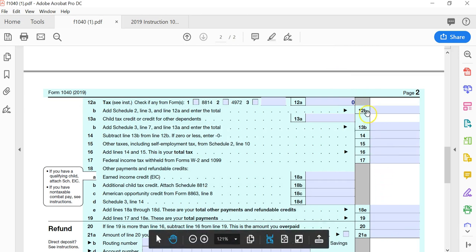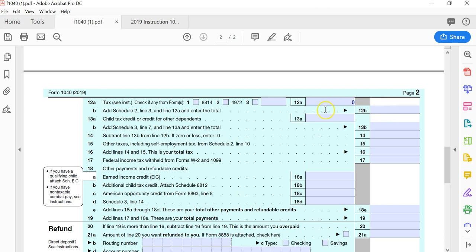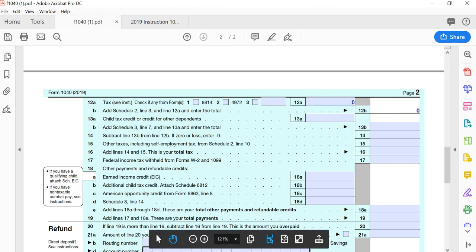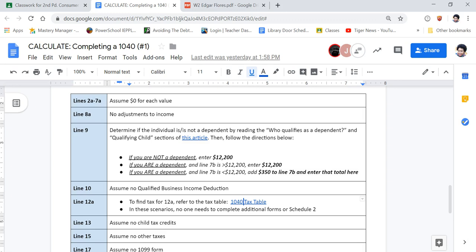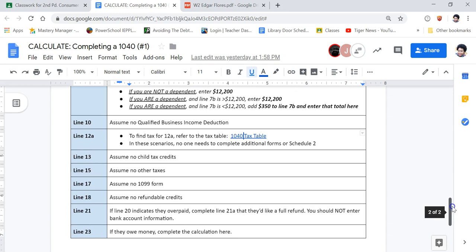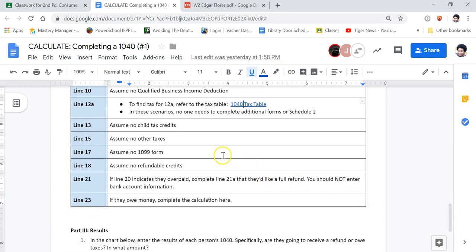All right, continuing on. I'm sorry, I had to pause. So our line for 12A is 0. For 12B, where it says as scheduled to line 3, we don't need to do anything additional there. And so 12B will continue to be 0. 13A, if we look back on our cheat sheet, we see that for 13, we assume that there's no child tax credits.